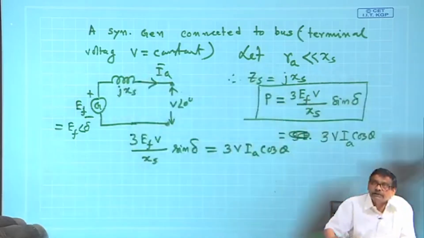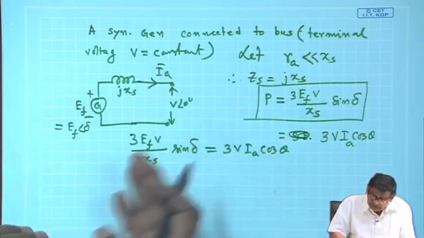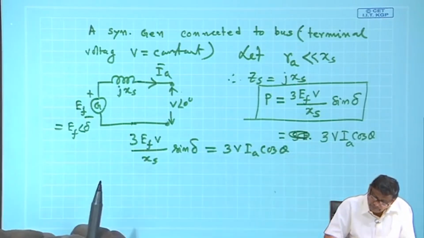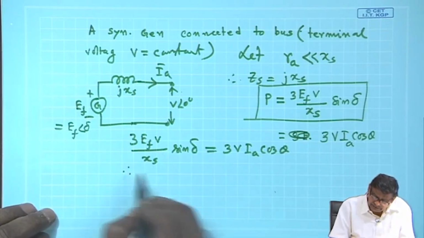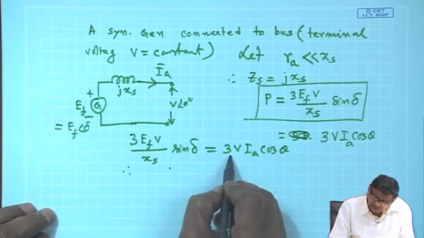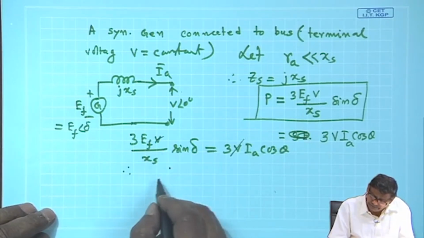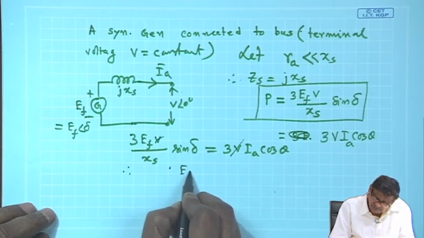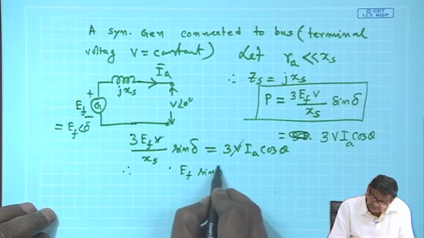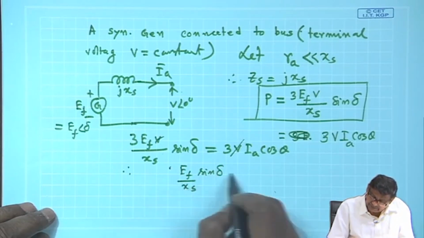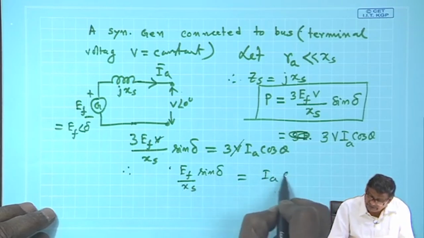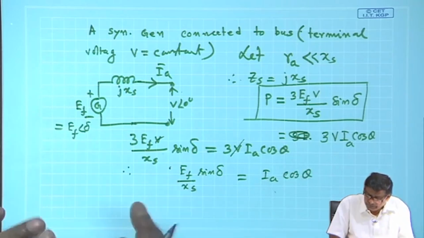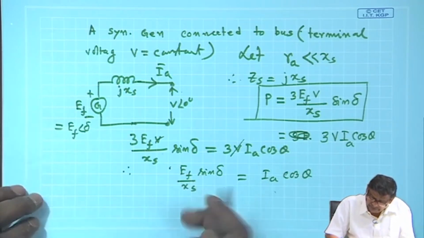I could also calculate the real power output, and that must be the same as this. Why not? The same quantities are connected. From both sides V goes, and XS is constant. So, it will be EF sin delta by XS is equal to IA cos theta.